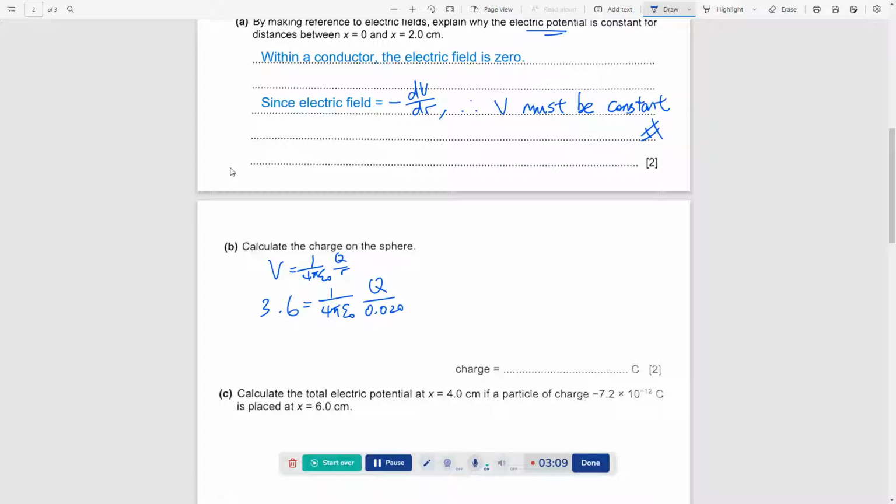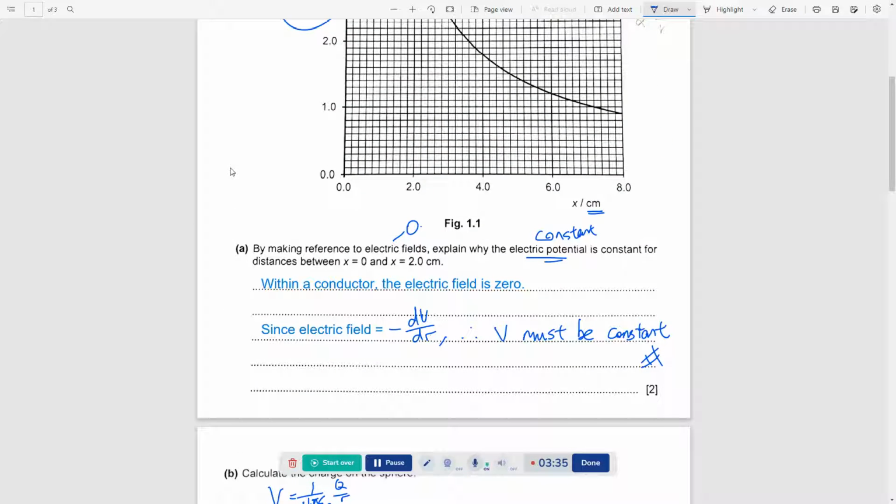So just press on your calculator, times 8.85 times 10 to the power of minus 12 times 0.02. From here, I get my Q as 8.0.